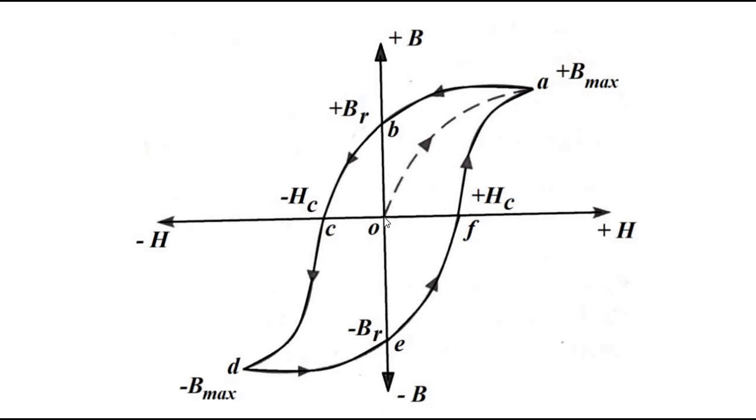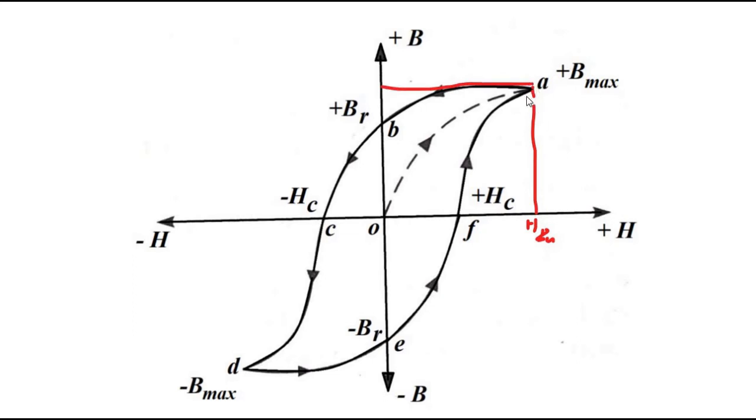Now let's say H is increased in this direction, and as a result the magnetic flux density takes this dotted path and reaches up to this point A. At this point, this is the magnetic force which is applied, corresponding to the maximum magnetic flux.